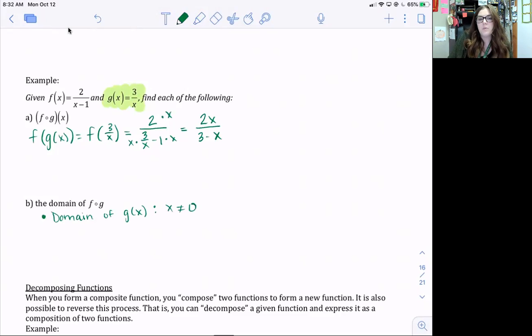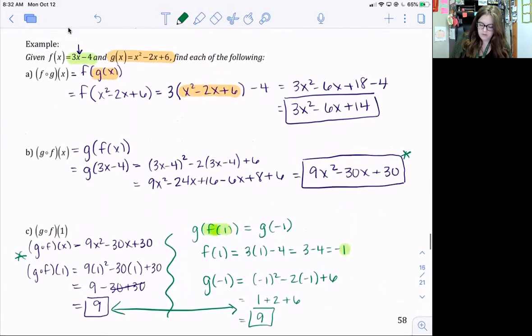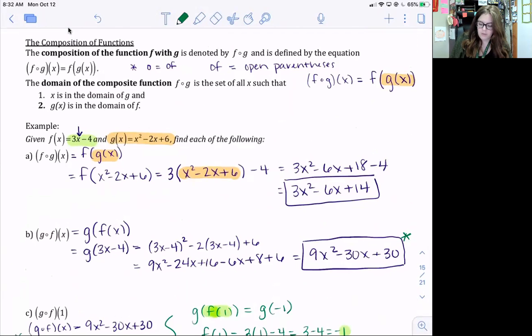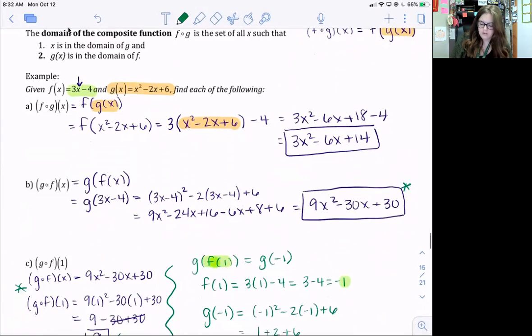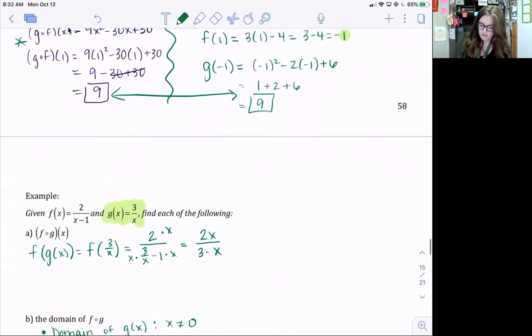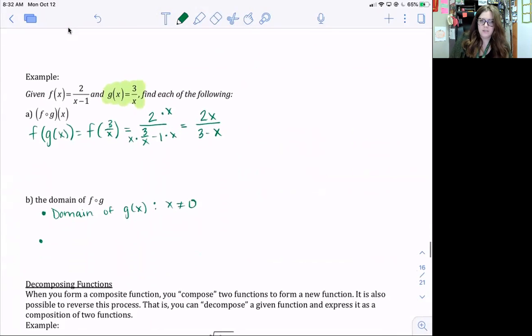Okay, that's just something we know because x is in the denominator. Now we want to find, based off of that, what is our domain? So g of x is in the domain of f.